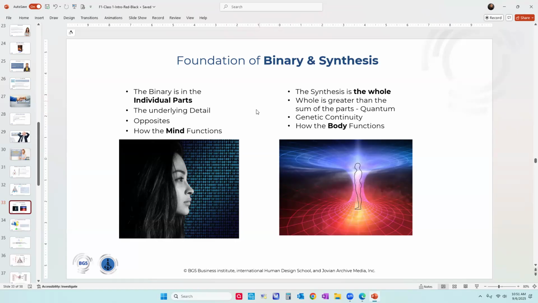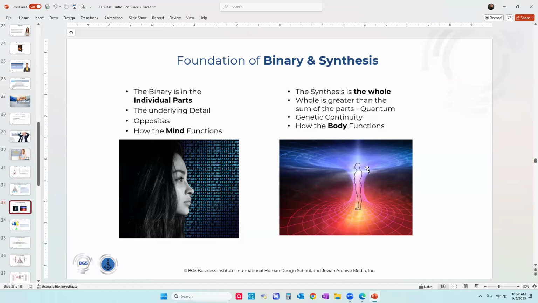So the foundation of this idea, of the binary and the synthesis, is that the binary is in the individual parts. It's the underlying detail. It's the opposites. It's how the mind functions. It's the this and the that. The synthesis is the whole. The whole is greater than the sum of the parts. We call that the quantum. That's also about genetic continuity.